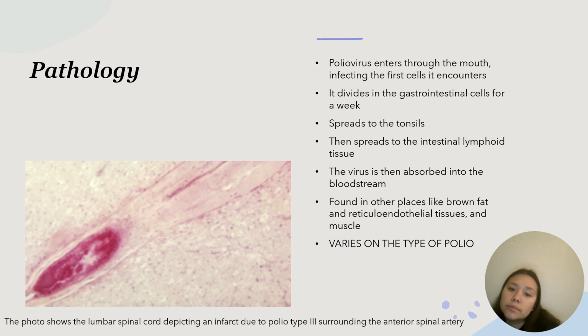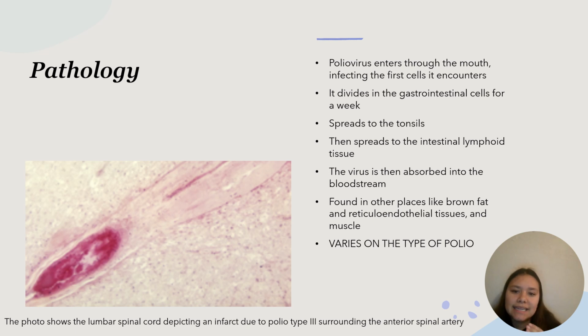The virus is then absorbed into the bloodstream. This leads to something known as viremia, which is where the virus is spread throughout the body. Because of that, it can be found in other places like brown fat and reticuloendothelial tissues, which is found like in your head and muscle.